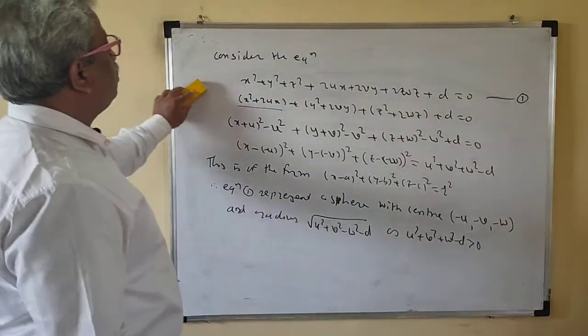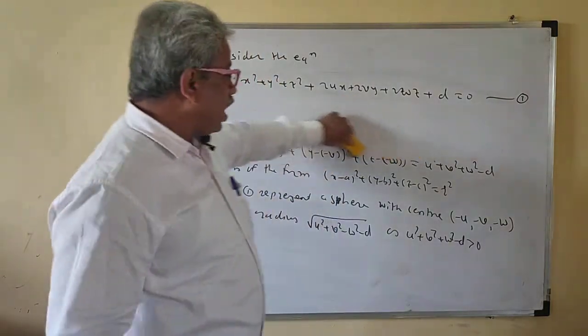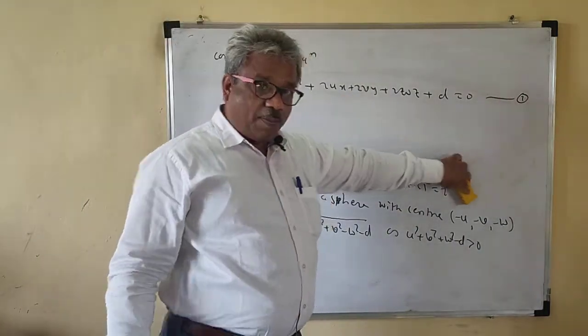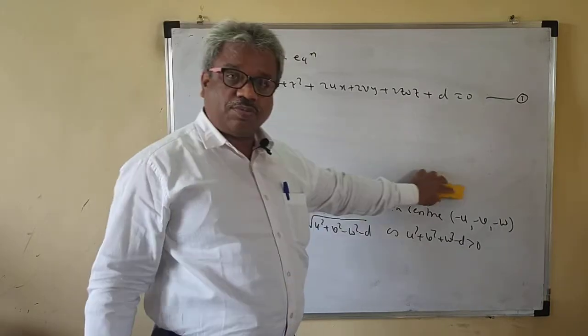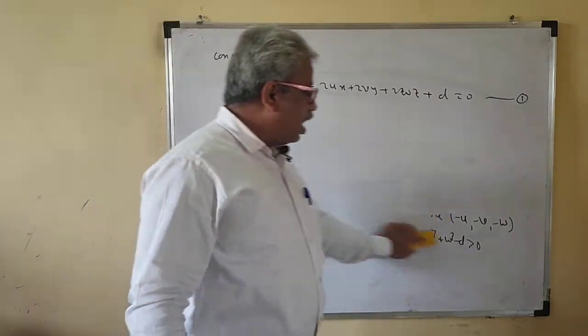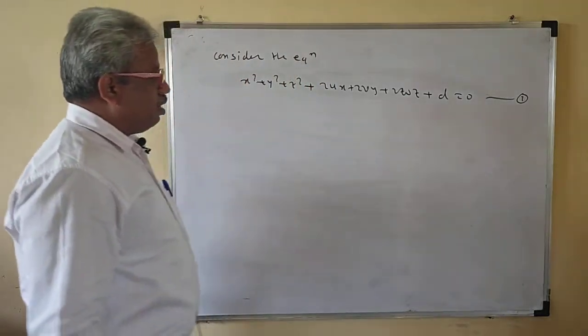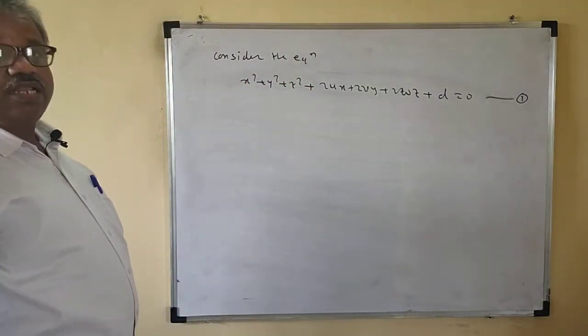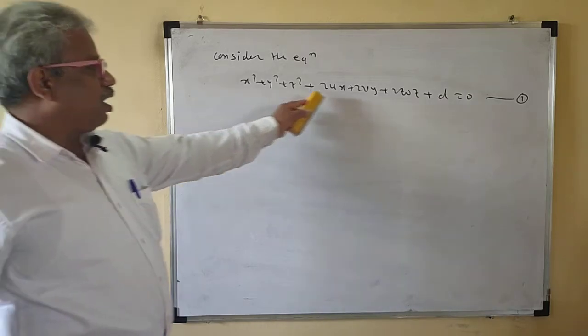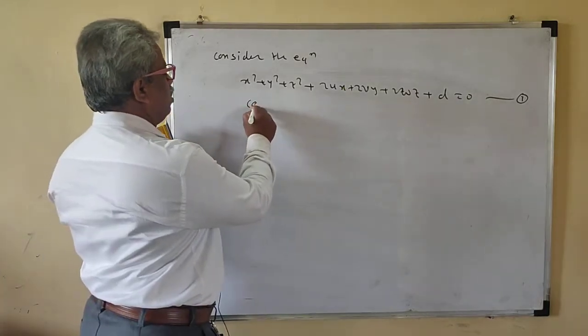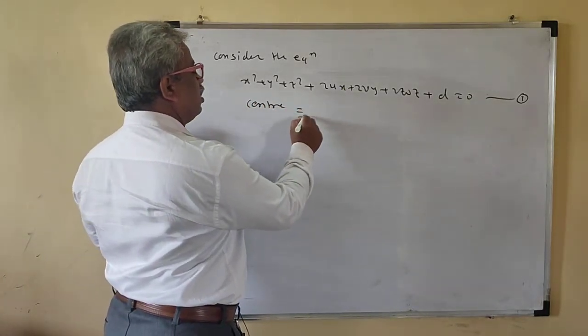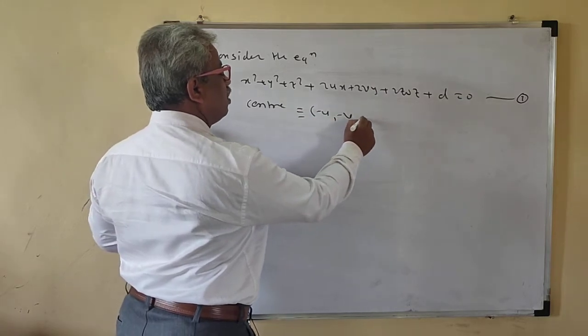So that means if your sphere is like this, then half and negatives of the coefficients of x, y, z are nothing but the coordinates of the center of the sphere. So if your equation is like this, then the center is minus u, minus v, minus w.